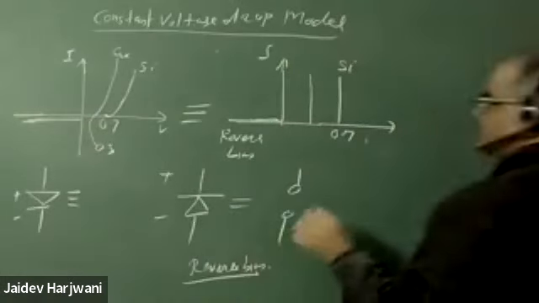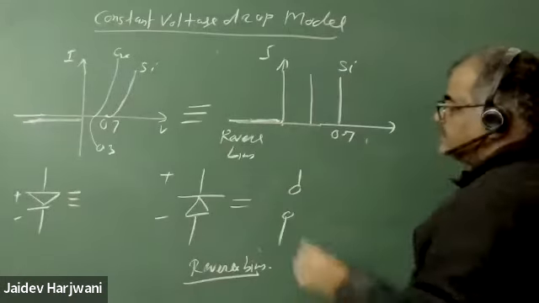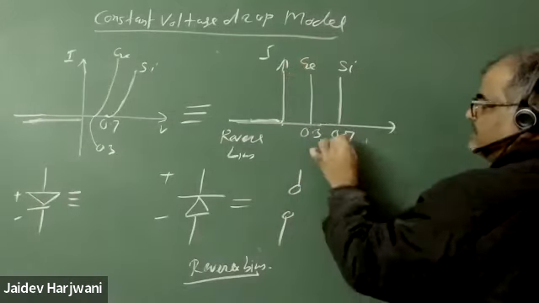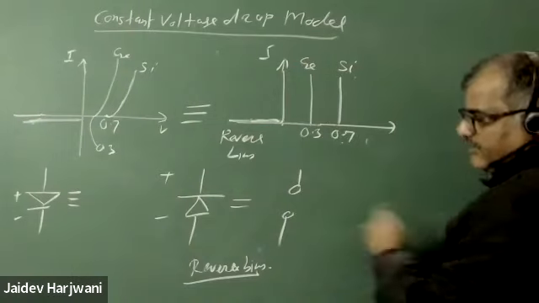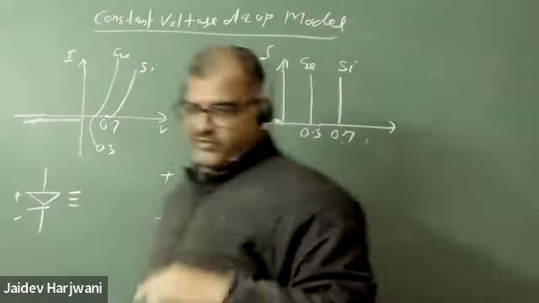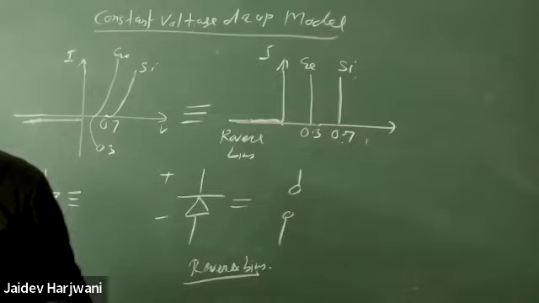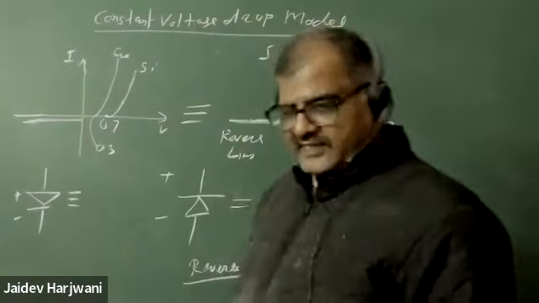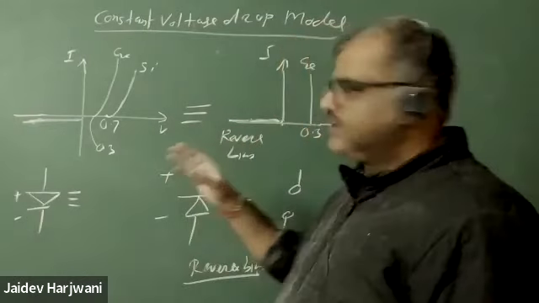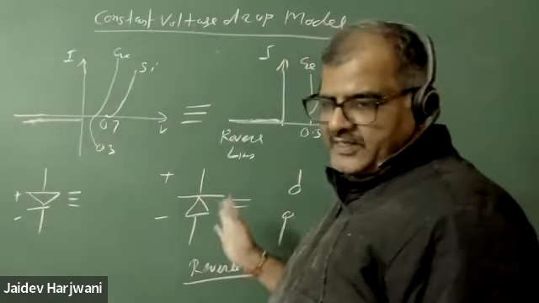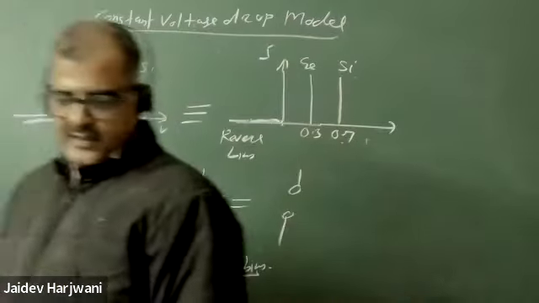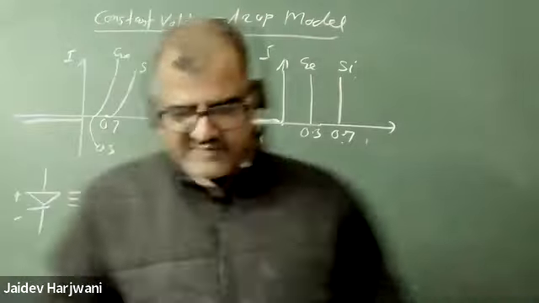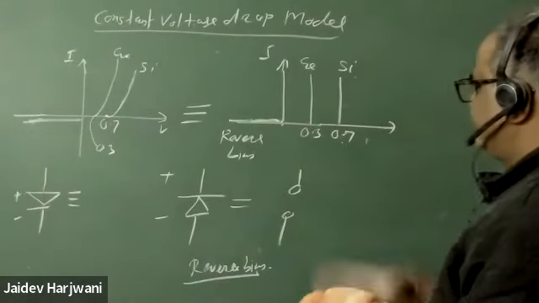Okay, they will tell you in the question to take 0.7, or if they don't tell, it is silicon and you take 0.7. Ideal means 0. Otherwise take 0.7 for silicon and 0.3 for germanium.